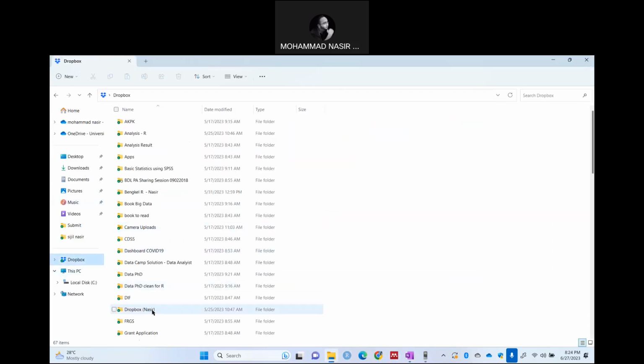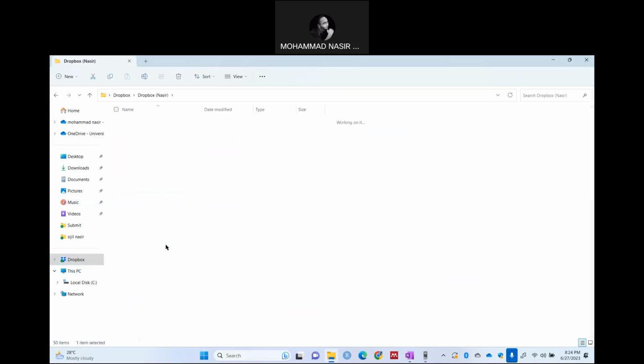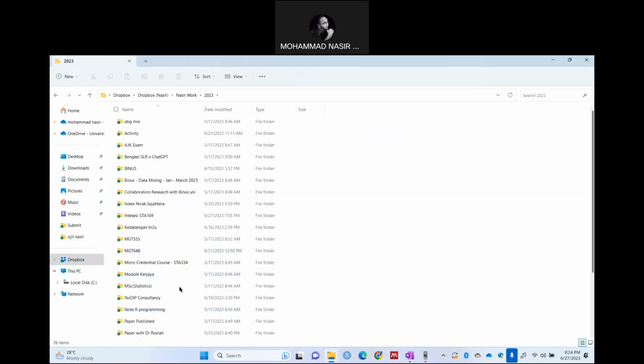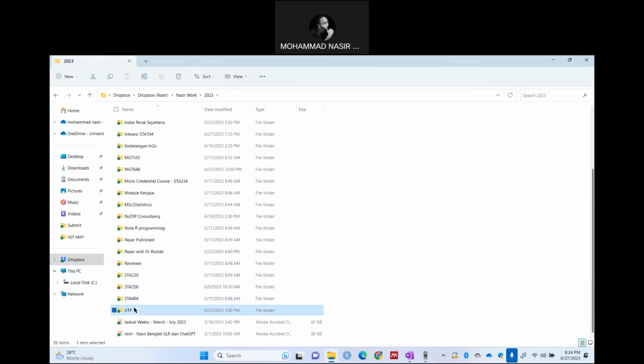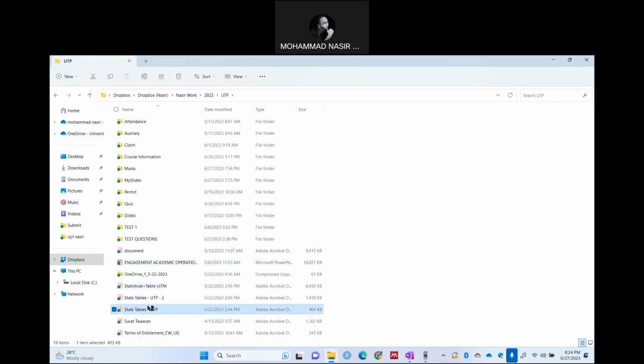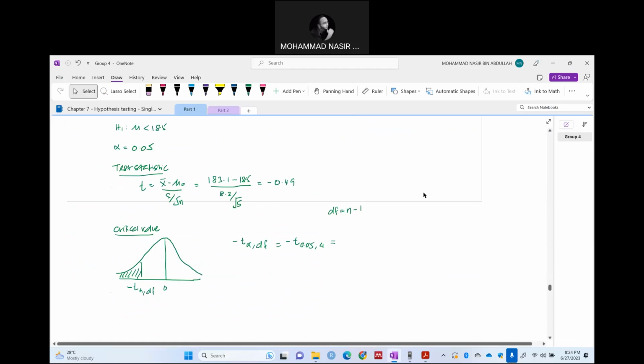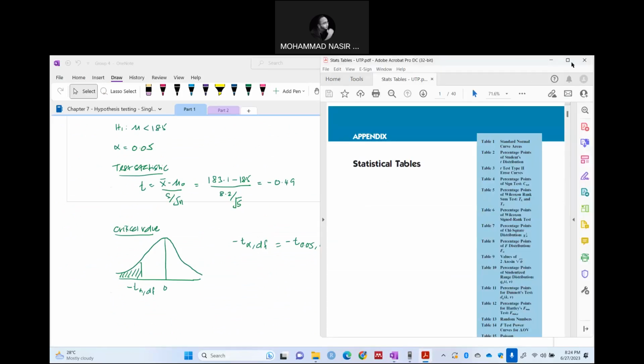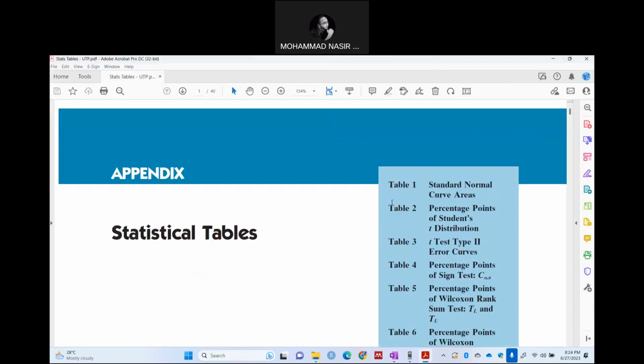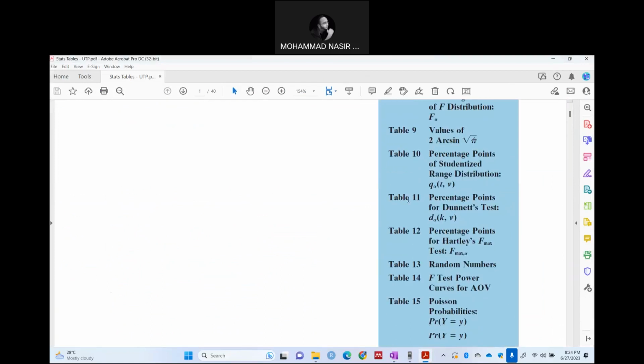Open our statistical table. In the statistical table, we will look into table number 2, which is the T distribution.